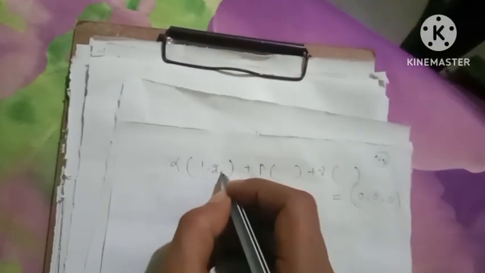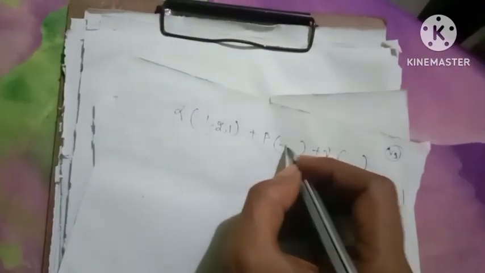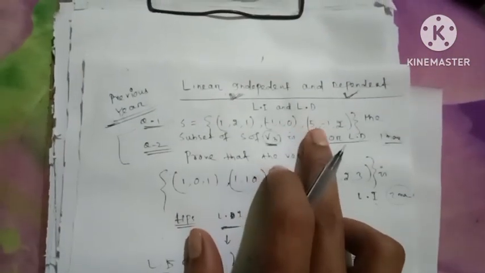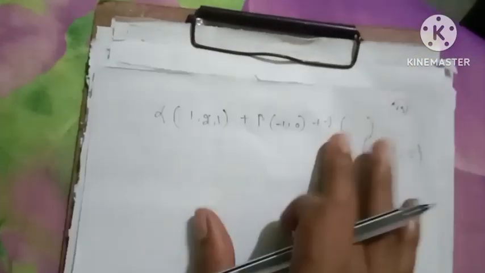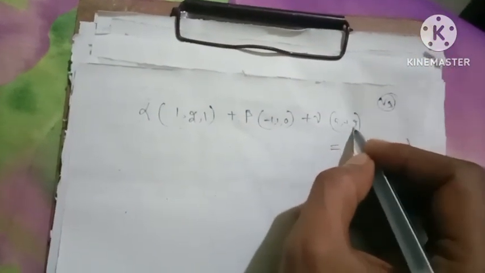One vector will be 1 2 1, another will be minus 1 1 0, and the other will be gamma into 5 minus 1 2.